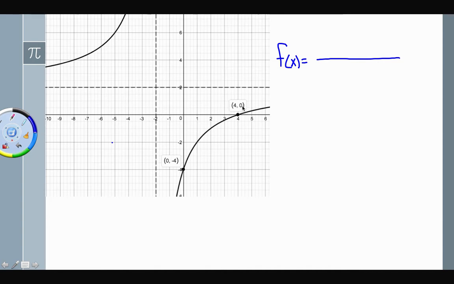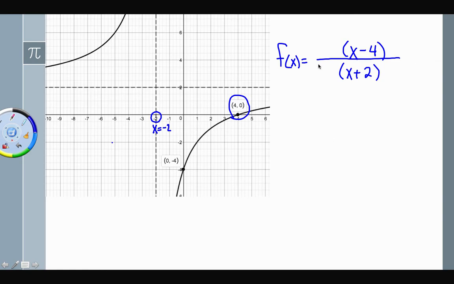So what I need to first find here is that my x-intercept is 4, and it's the only x-intercept on my graph, so that means the numerator needs x minus 4. All right, that creates an x-intercept of positive 4. Then we need to look at the vertical asymptote, and we know that that vertical asymptote is x equals negative 2, and therefore we need an x plus 2 in the denominator.